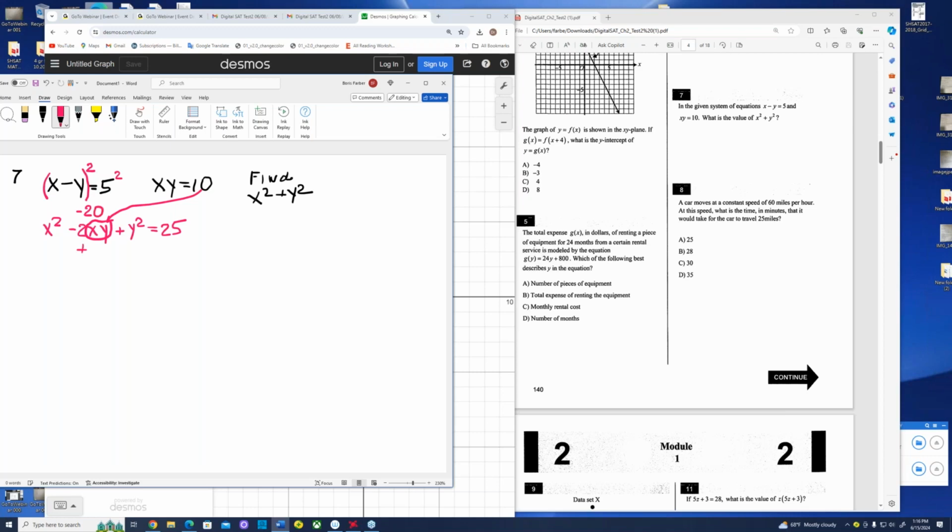So plus 20 and plus 20, right? Bring down x squared, this cancels out. Plus y squared equals 45. And this will be our answer.